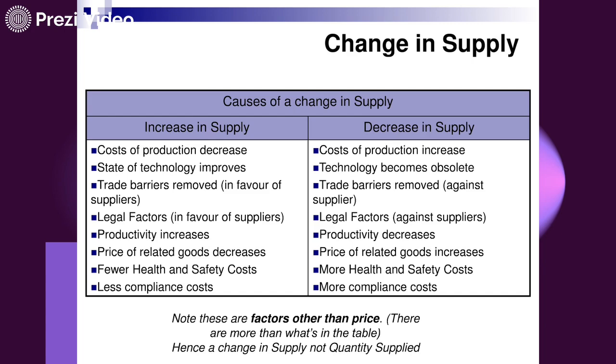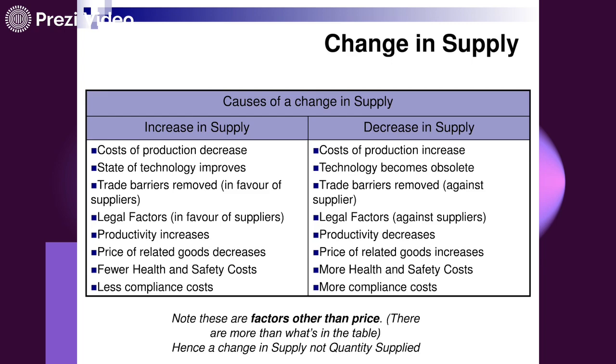So for example, let's say a law was taken away that restricted my growing, that would increase my supply. Productivity increases. Perhaps I find a faster way to pick or grow the berries. That's going to increase my supply.